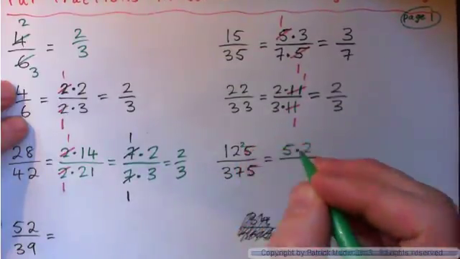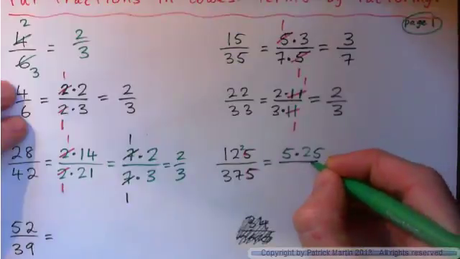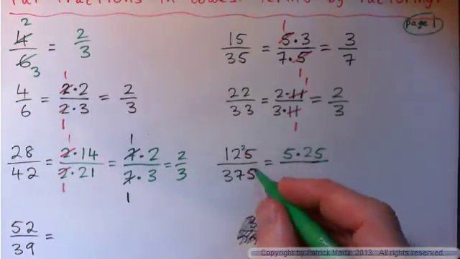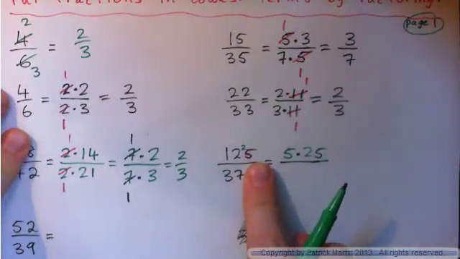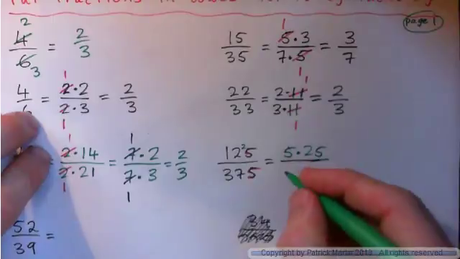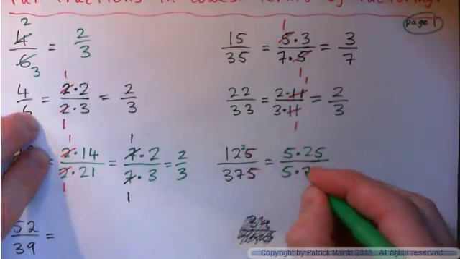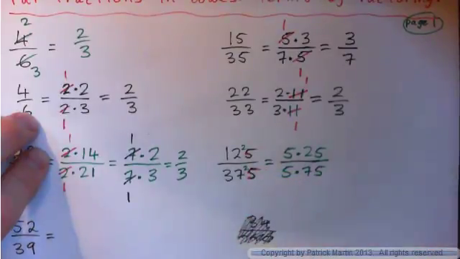The remainder would be 2. 5 into 25 would go 5 times, right? So we've got 5 times 25. And 5 goes into the bottom as well because it ends with a 5. So 5 into 37 goes 7 times, and 2 over. 5 into 25 goes 5 times, right?